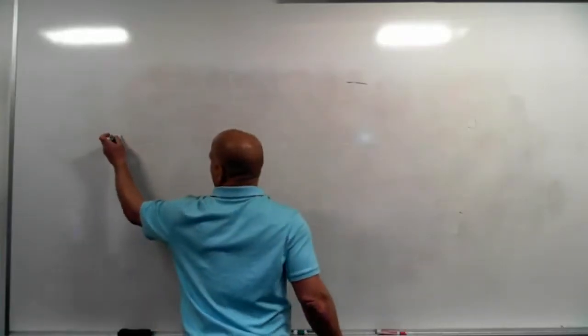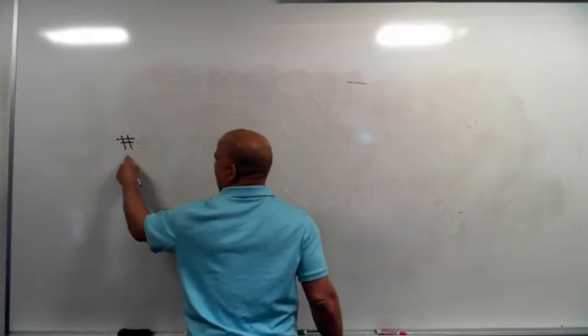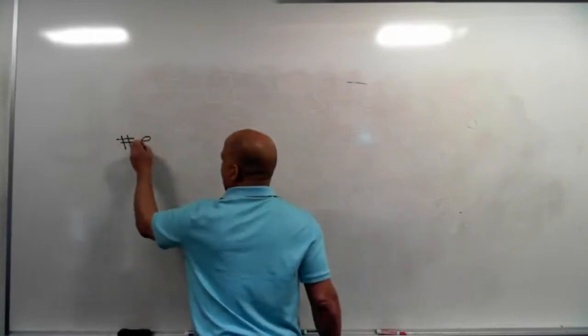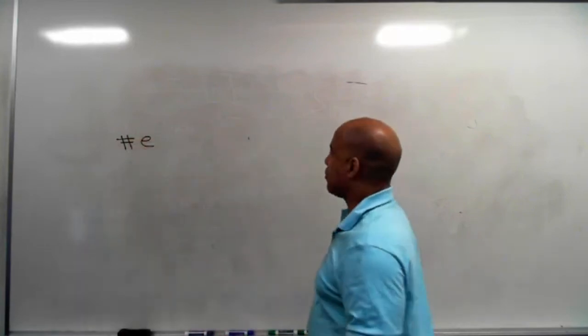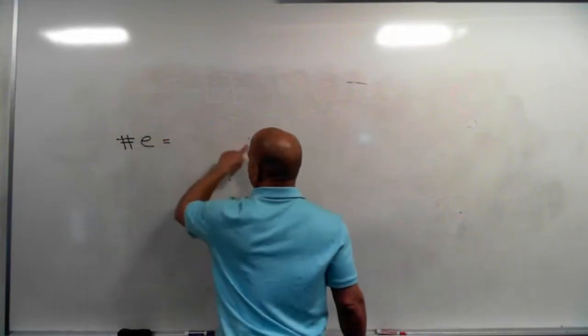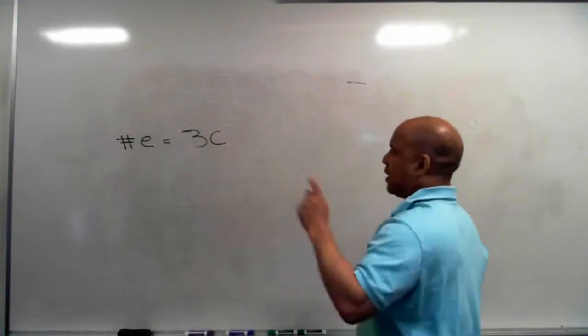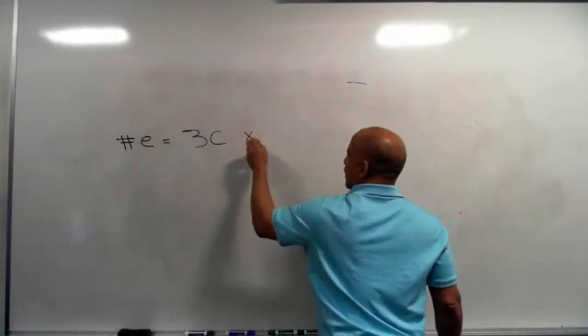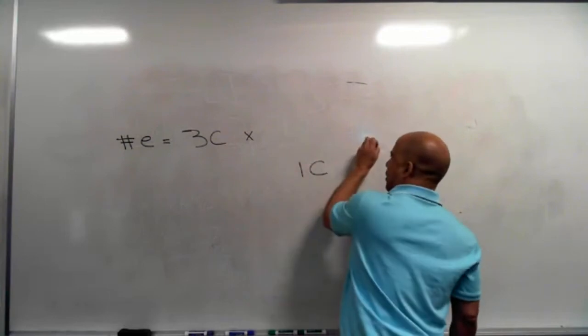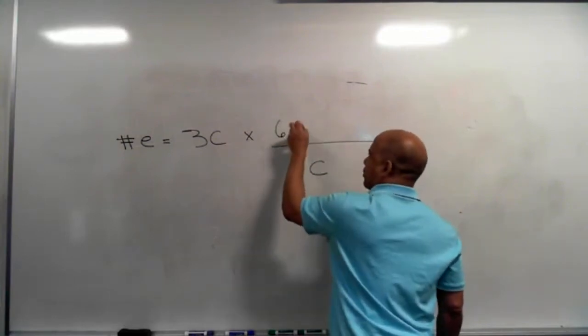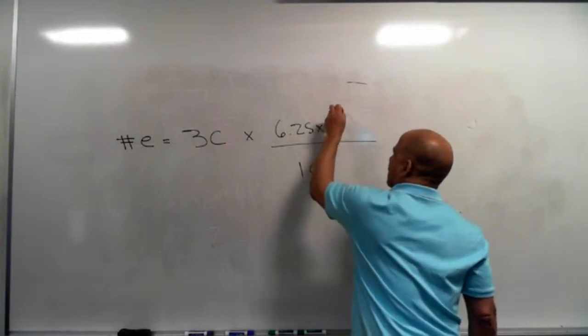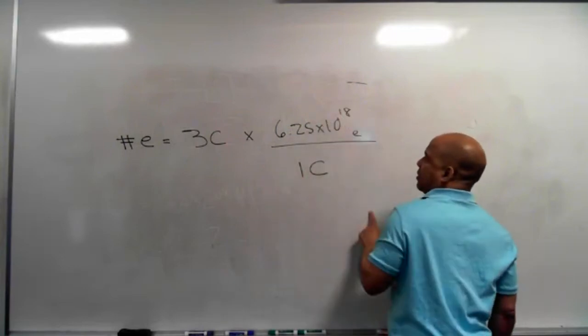And that was 18.75 times 10 to the power 18 electrons. When I'm doing electrons, I just put the pound sign for number and a little e for electrons. That's my symbol for electrons. So I got 3 coulombs of charge. I want to go from coulombs to electrons, but I know that 1 coulomb is equal to 6.25 times 10 to the 18th electrons.